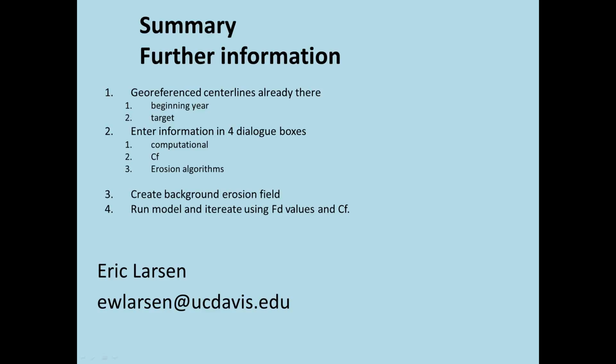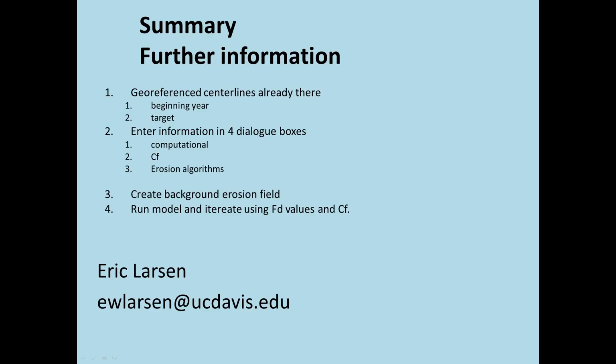We used the dialog box for putting in computational values, and in particular we used the coefficient of friction, and we used the erosion algorithms box to make the erodibility grid, the erodibility polygon. And what we dealt with this time was a background erosion value and the coefficient of friction, and we balanced the two to get the model to run as close as possible to our target center line.